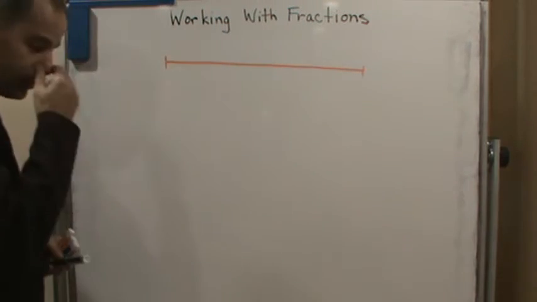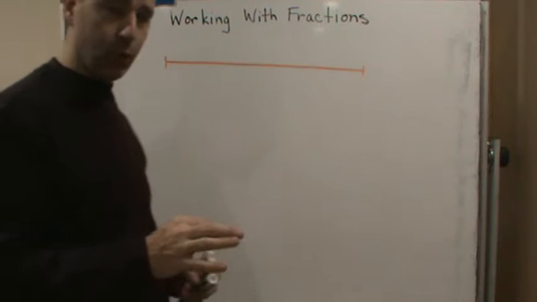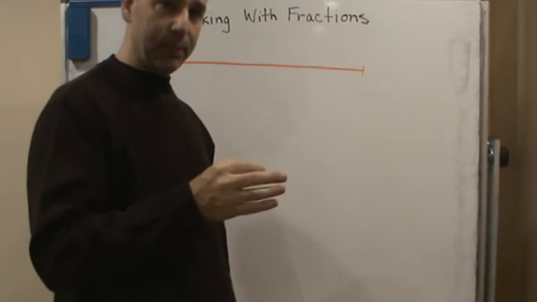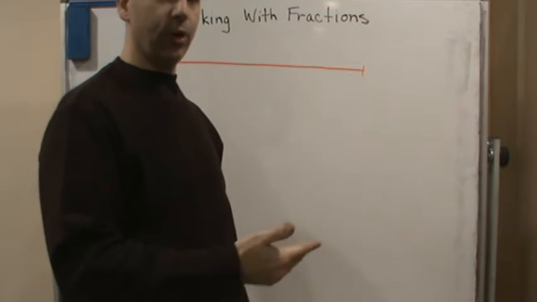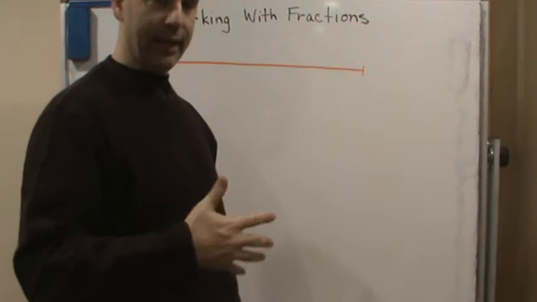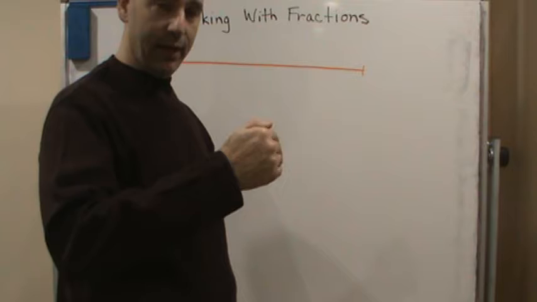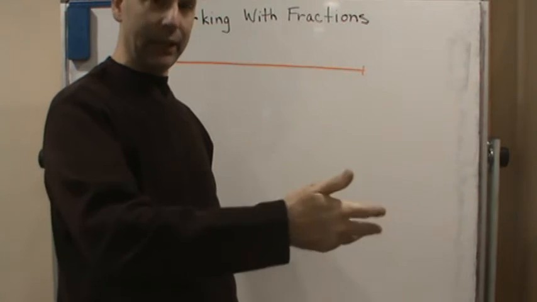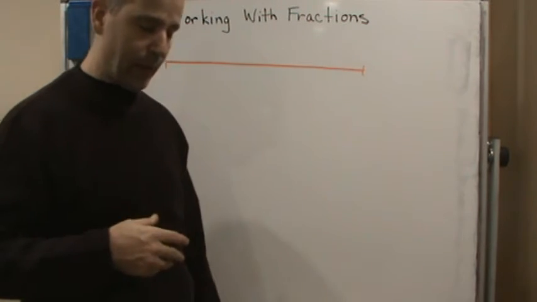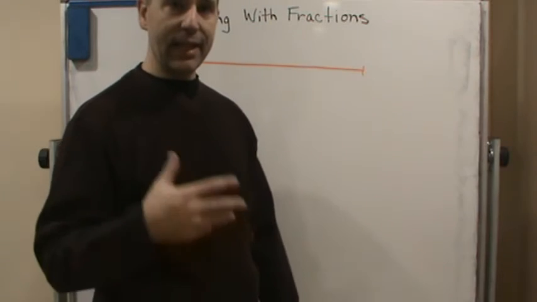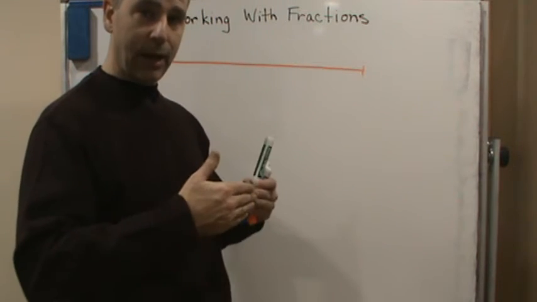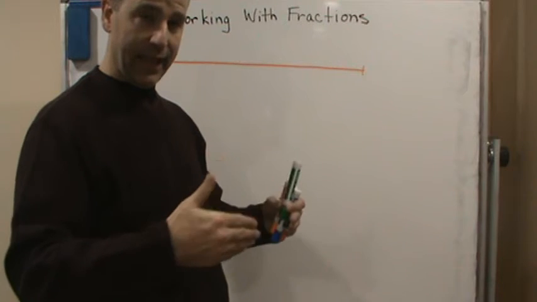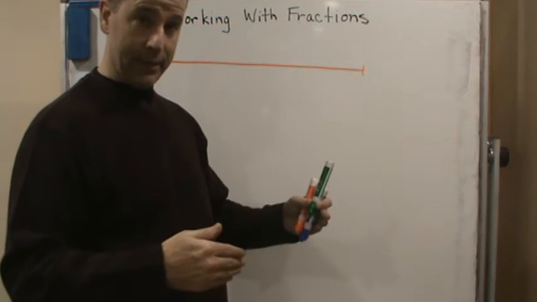Now the other underlying idea of a fraction is that we're cutting something up into equal pieces, right? So if I say a third of a cake, then I know that it's divided into 3 equal pieces. Or if I'm talking about a fourth of a cake, then people understand that I'm talking about dividing the cake into 4 equal pieces.